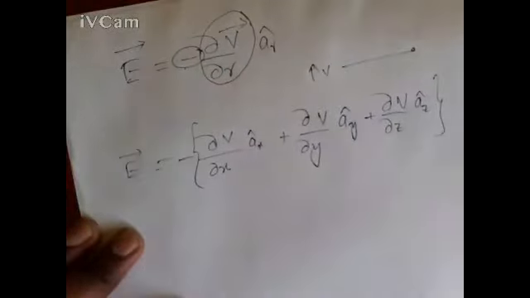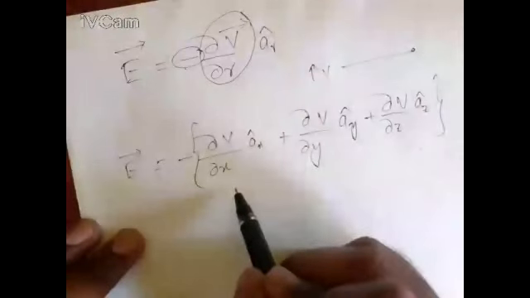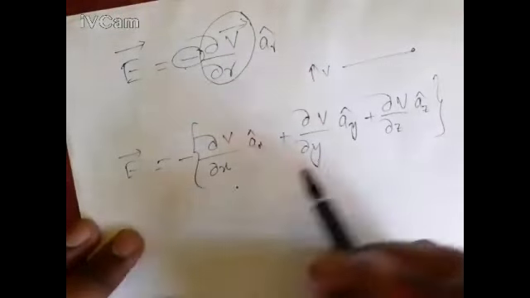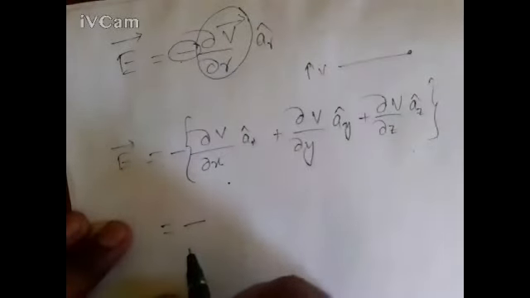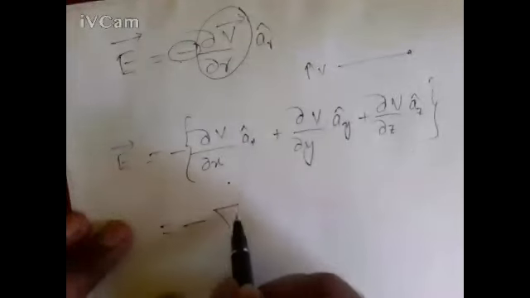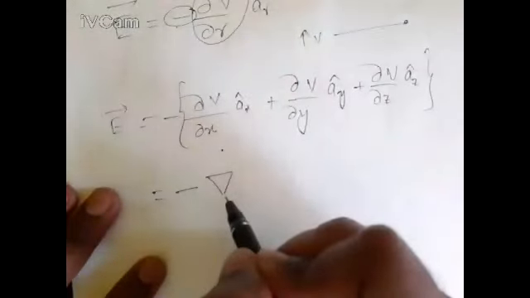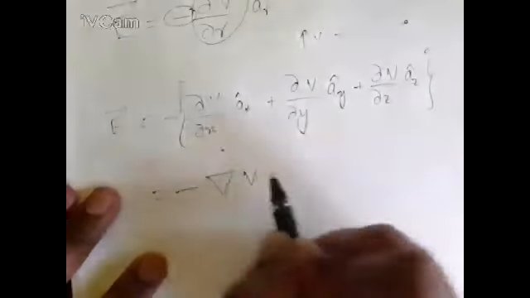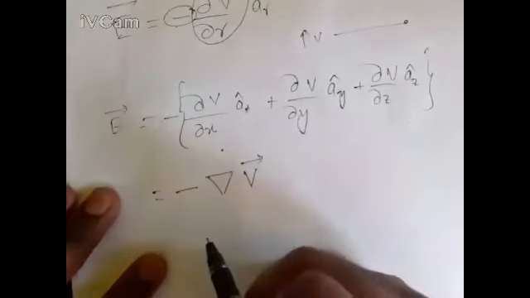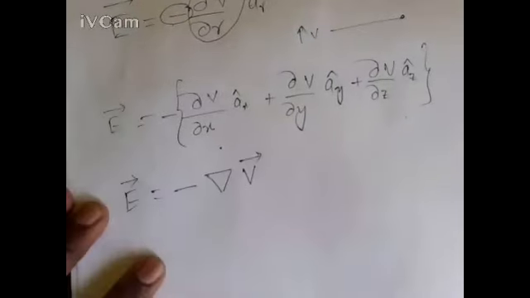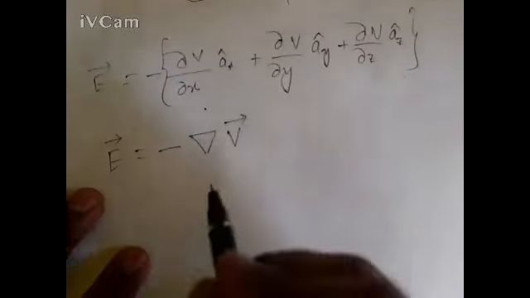So this is how we can write the equation, and this is operated on what? This is operated on the potential. This is minus del operator operated on vector V. So this is E. Hope you are understanding this. There is no dot over here.